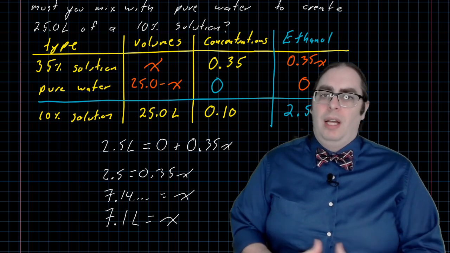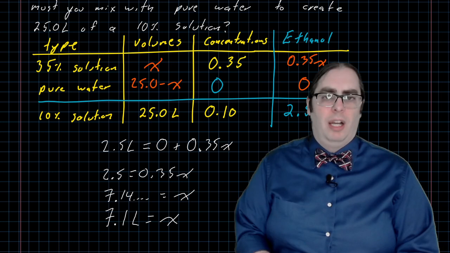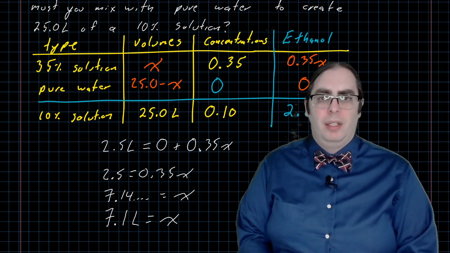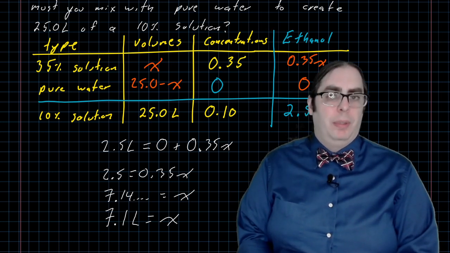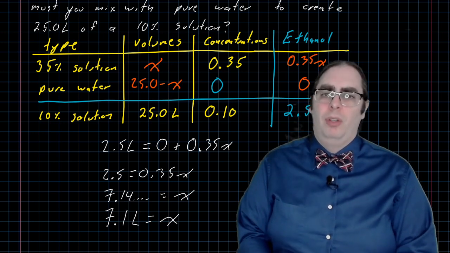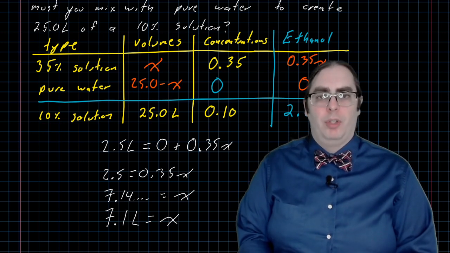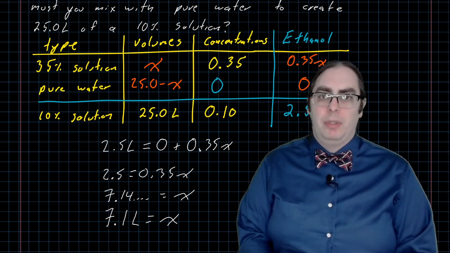It gets a little bit messier, it gets a little bit harder to follow when we talk about percent mixtures, but the process is very much the same, and hopefully this is starting to make sense to you, and you can start to see how this sort of problem solving can appear in a number of other places as well.